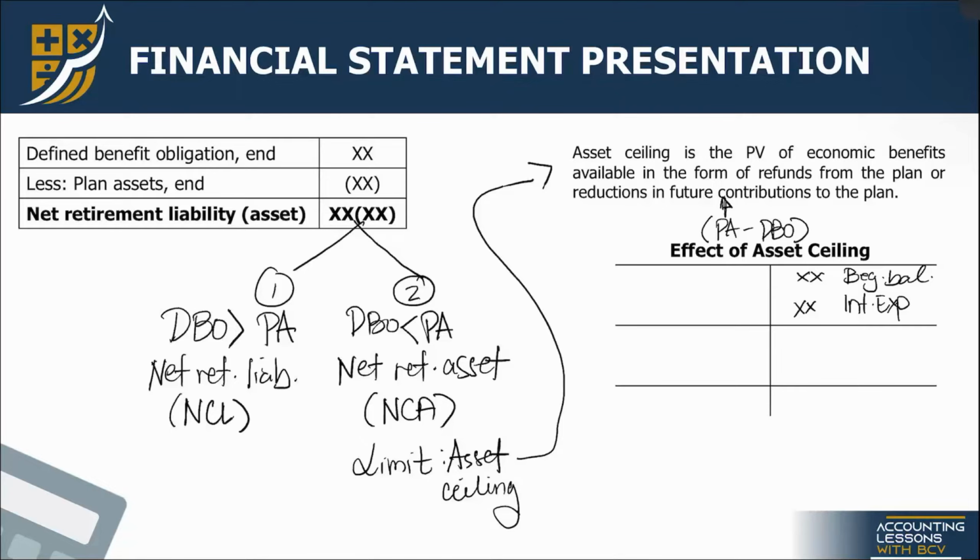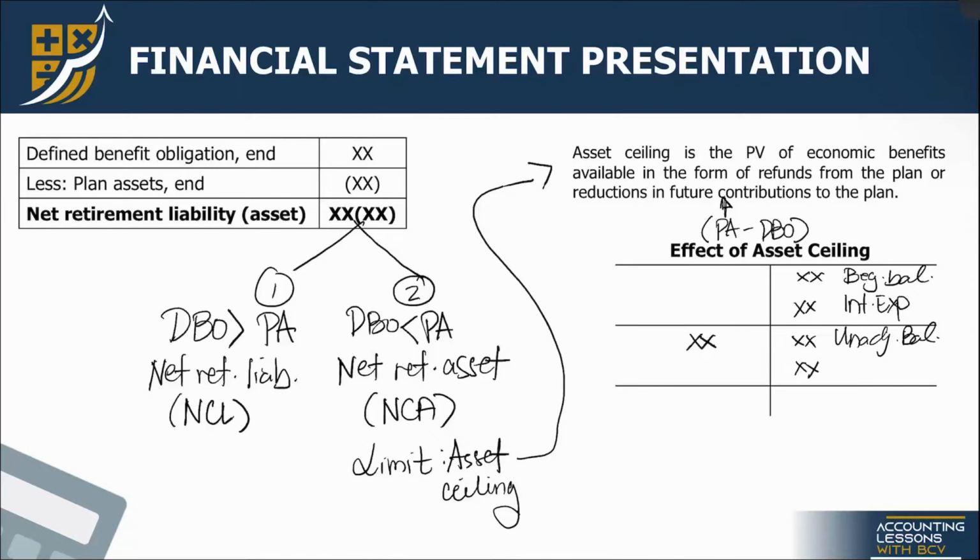Okay? Now, may nakakabawas ba kay effect of asset ceiling? Yes, pero later on. No? Ngayon, kukomputan natin siya ng unadjusted balance. No? Unadjusted balance at the end of the period. Okay? Now, the unadjusted balance of the effect of asset ceiling can either increase or magdi-decrease.